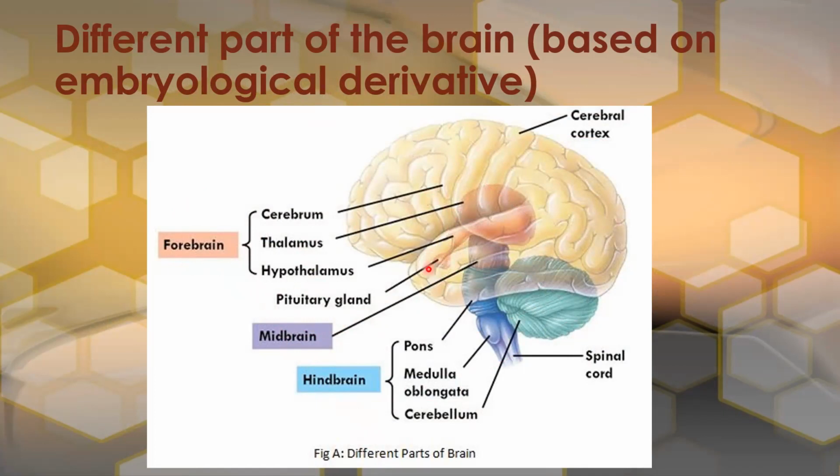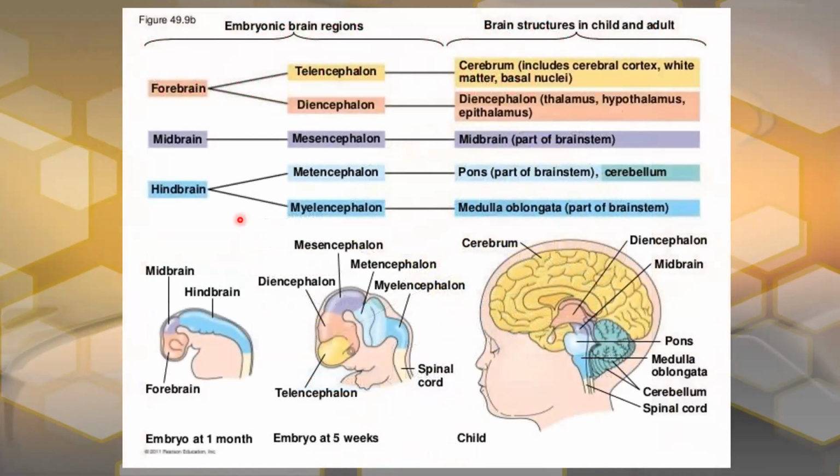I think you know this; you learn this in your endocrine. Then you have midbrain, which is just the midbrain part of the brainstem, and hindbrain consists of pons, medulla oblongata, and the cerebellum. So this is how they differentiate different parts of the brain based on the embryological brain region.